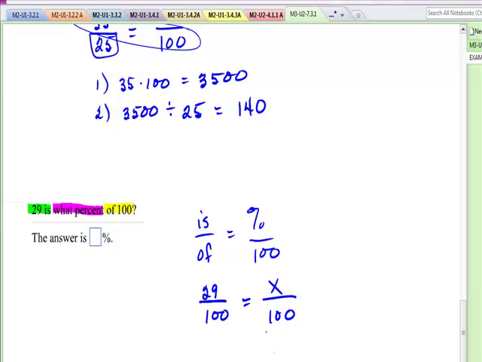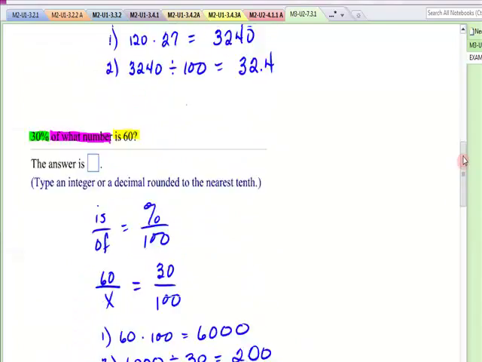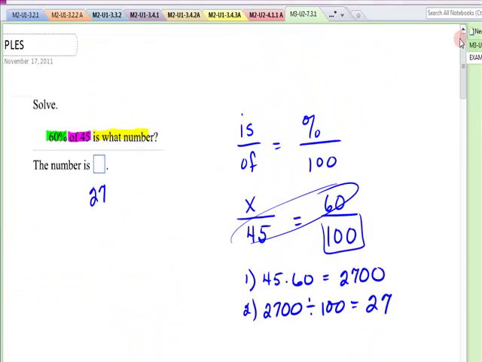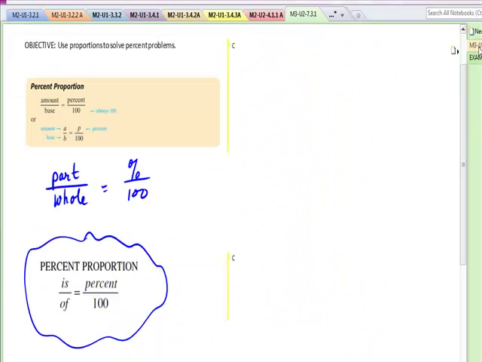Well, 29 is what percent of 100? You can look at this equation perhaps and tell that this numerator has to be 29, or you can go through the steps, but it is 29%. So this is not something you usually find in the textbook, but is over of, percent over 100, is very effective in solving percent problems by using that proportion.